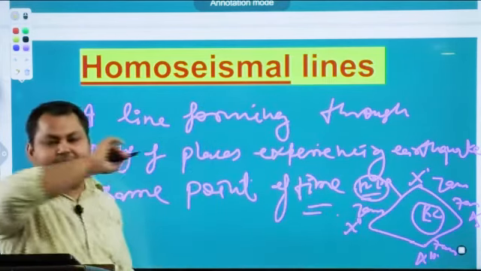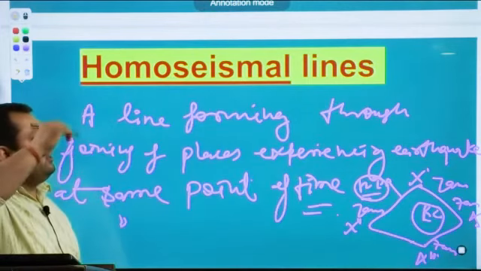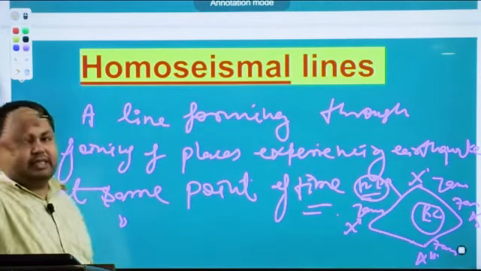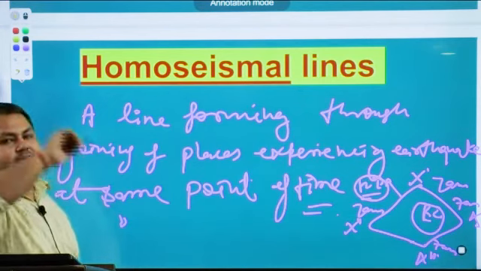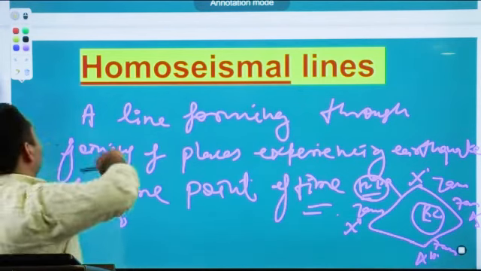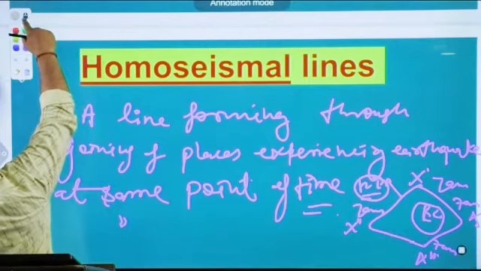So homoseismal lines are those formed by joining of places experiencing earthquake at the same point of time.